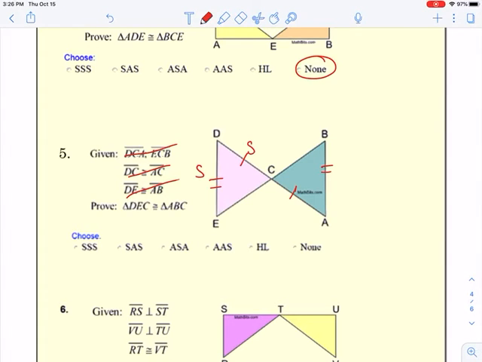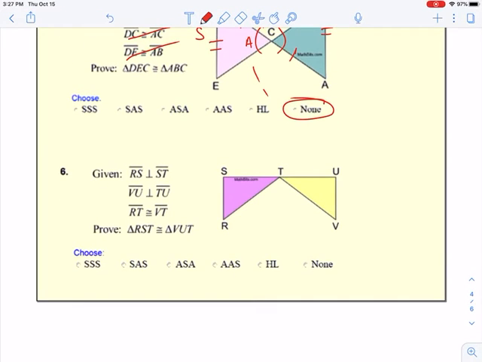So right now I have 2 sides and I don't have anything else marked off. But in this picture, there is one other thing that I can get from the picture. And that's this pair of vertical angles here, which is going to be an angle. So I have angle, side, side. Angle, side, side is not a way to prove triangles congruent. So the answer there is none.